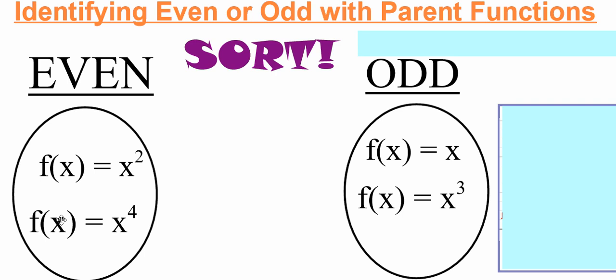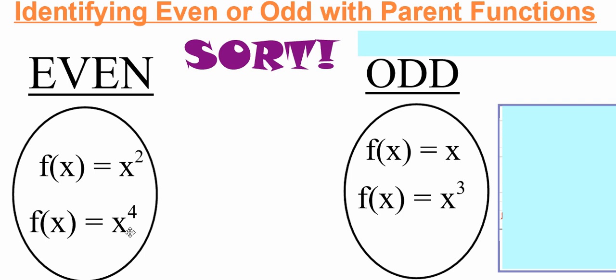And so you're like, oh, I see what you're talking about, Miss Overby. So maybe we could make this rule that when we're looking at a parent function that's raised to a degree, a power, when that degree is even, then the parent function is even, and when that degree is odd, then the parent function is odd, and that's true, and that's just for parent functions.